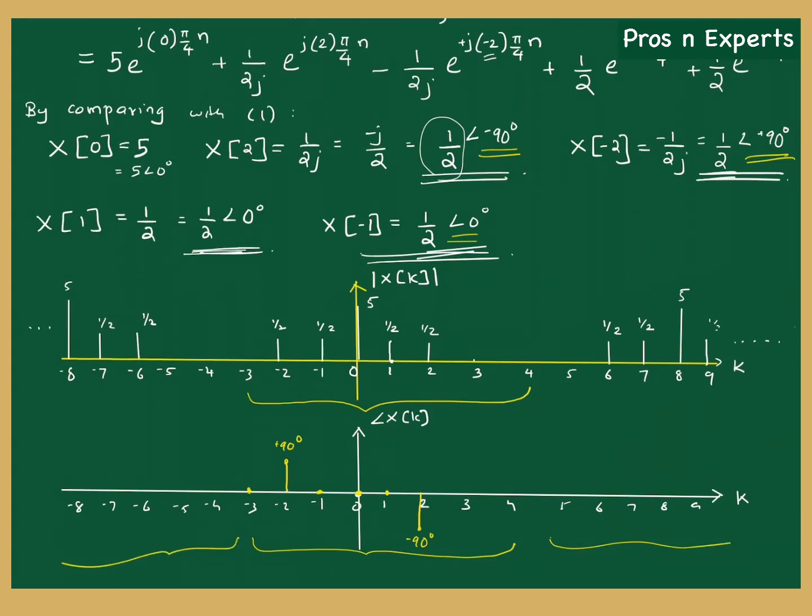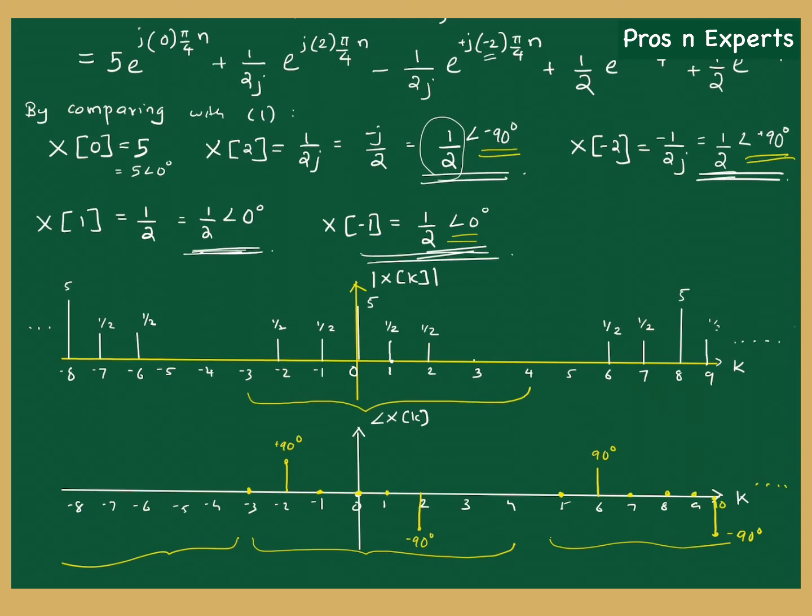So this time period starts at -3. So 5 also has 0 degree. For -2 we have 90 degree, that repeats to 6. So at 6 we can have 90 degree. Then for -1 it repeats to 0, 0, 0, and at 10 we can have -90 degree.